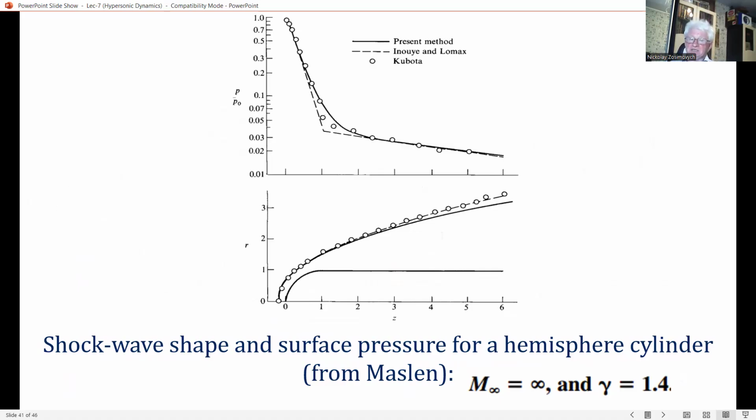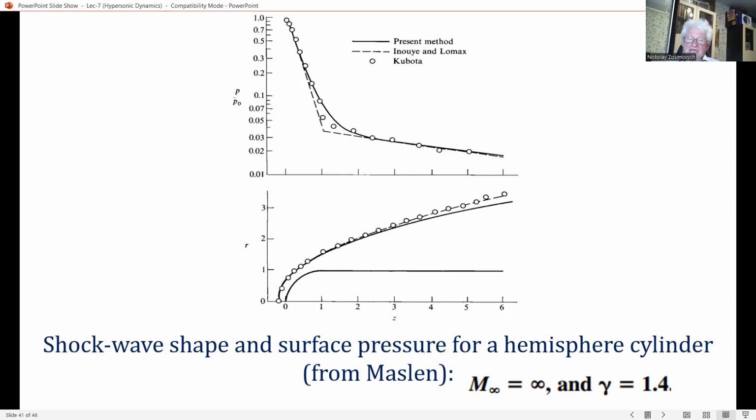This iteration is repeated until the calculated body matches the given body closely enough. Using this approach, Maslin calculated the pressure distribution and shock shape for a hemisphere cylinder as shown in this figure.